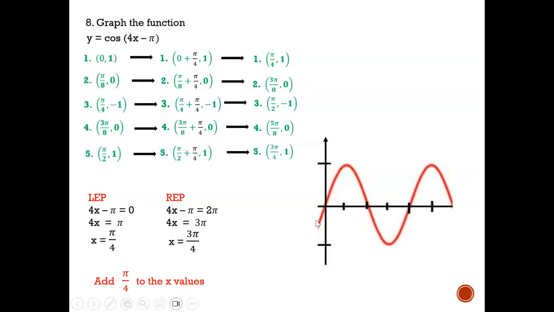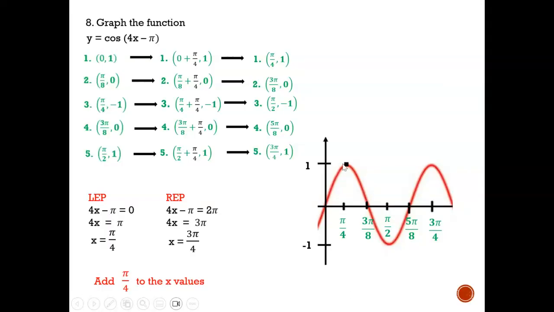You see, this is my amplitude, -1 and 1, and this will be pi over 4, 3 pi over 8, pi over 2, 5 pi over 8, and 3 pi over 4. Guys, these points come from here, right?